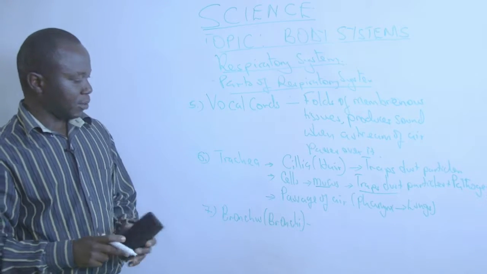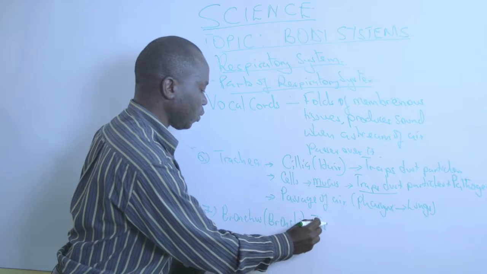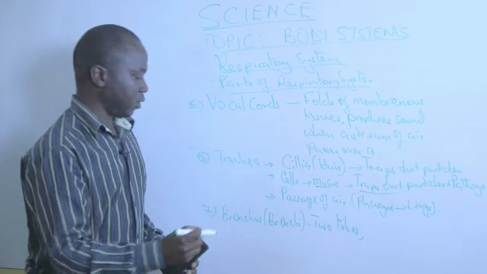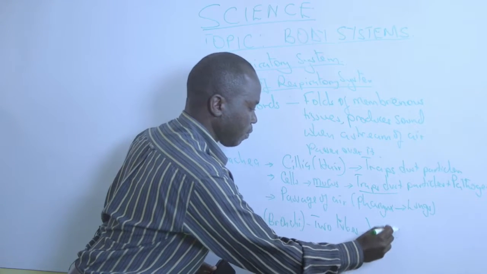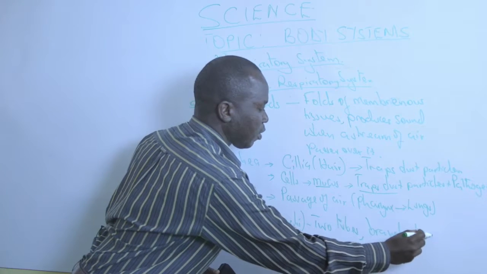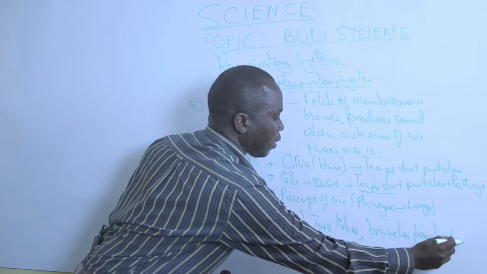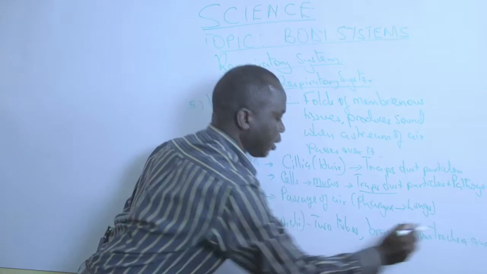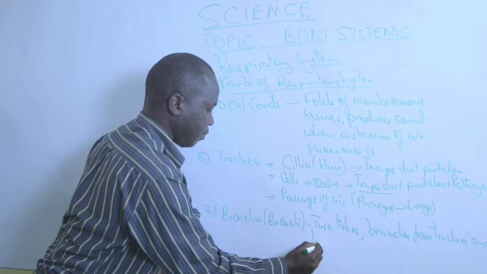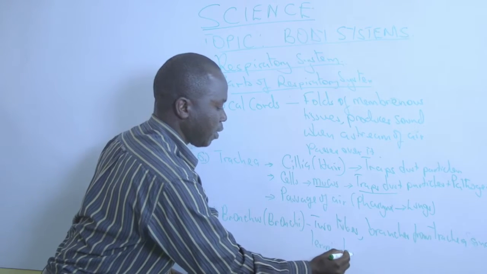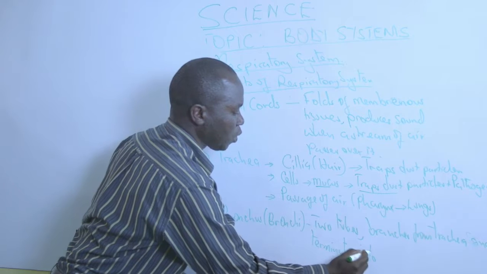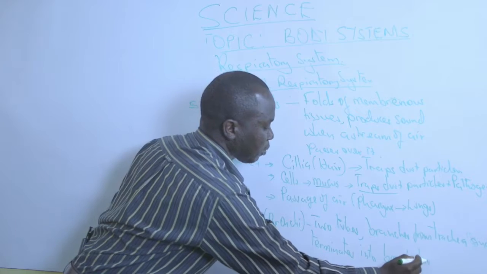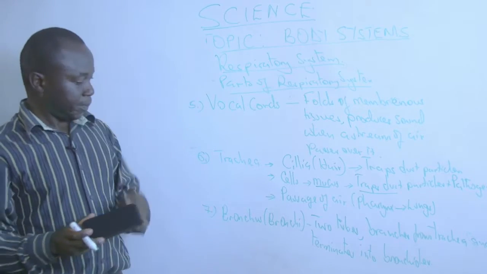So what is the bronchus? The bronchus is made up of two tubes that branch from the trachea and terminate into bronchioles.